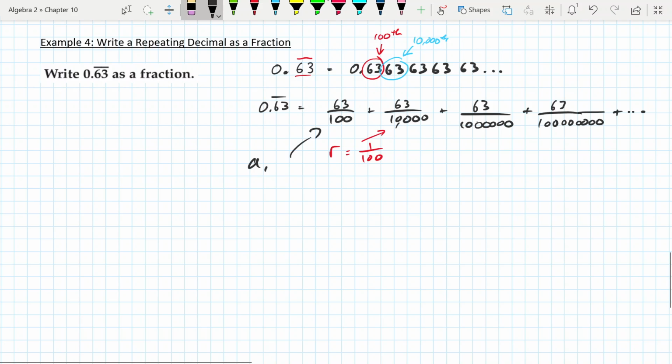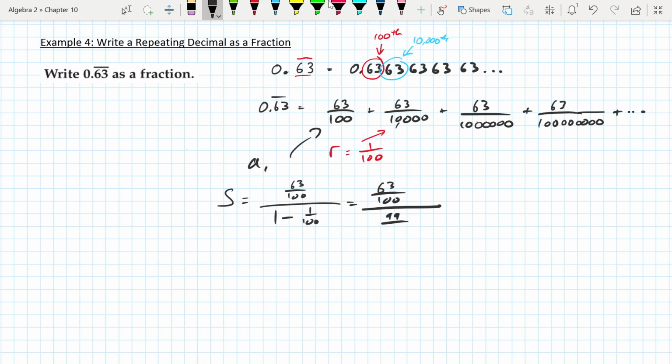Well, that should be enough to tell me that the sum is 63 over 100 over 1 minus 1 over 100. And that's going to be 63 over 100 over 99 over 100.